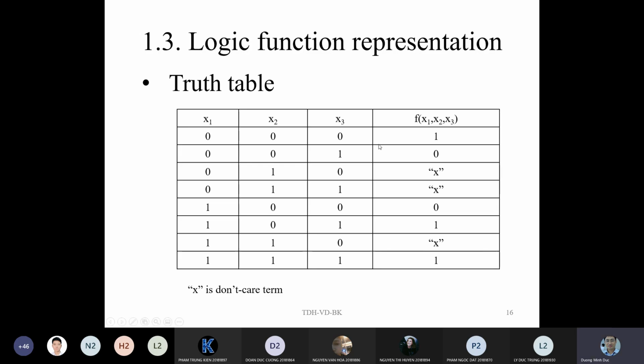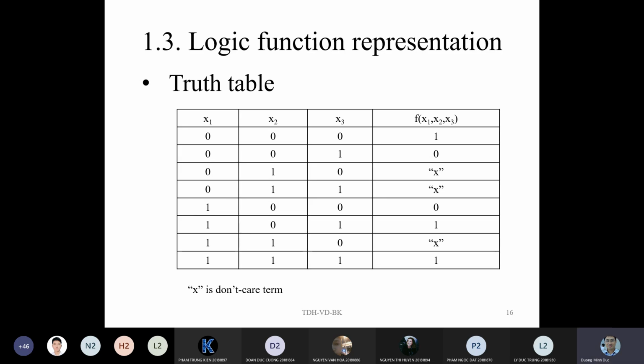Okay? So in case you want to simplify the logical function, you should choose the value of the don't care term appropriately, so that the logical function you obtain is the simplest logical function.